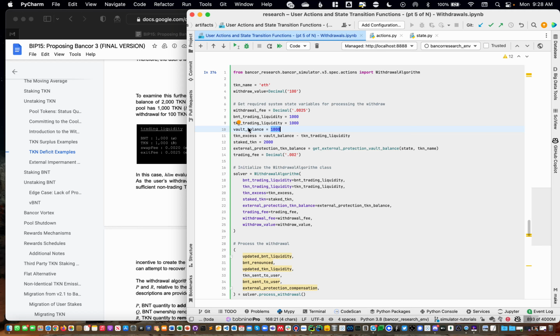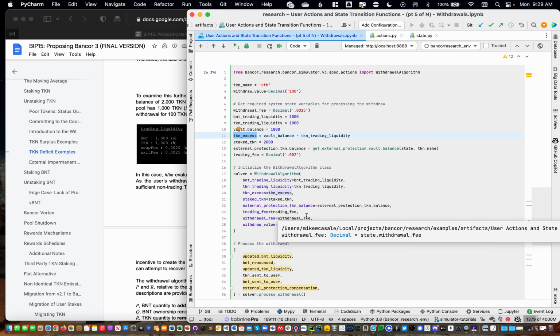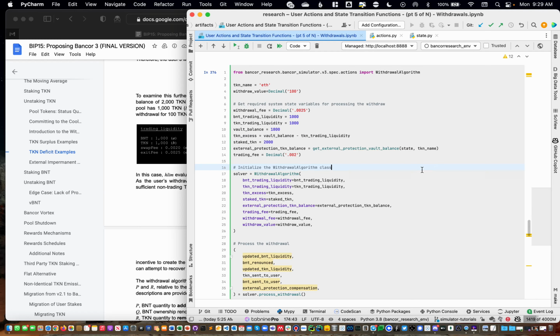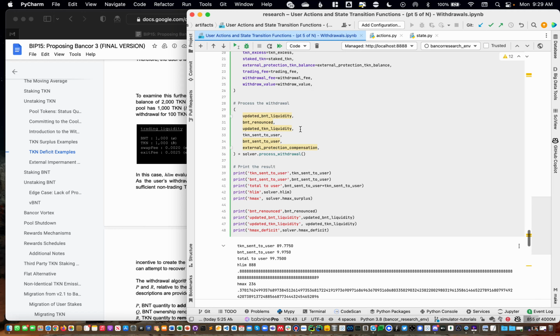This vault balance is not used directly within the withdrawal algorithm class, but we can derive the TKN excess value that is used directly as long as we have it. And then we can basically run through these scenarios.